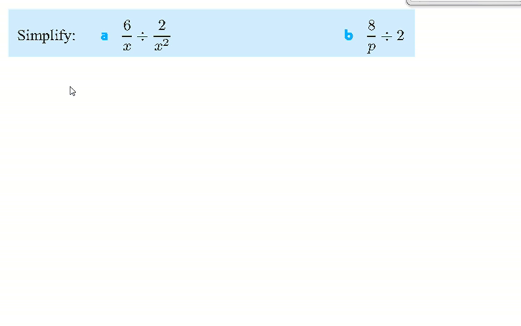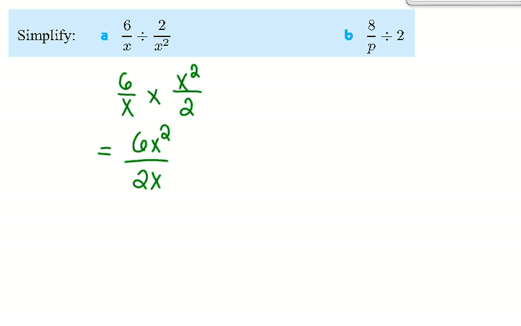Okay, last couple of examples. Here we've got division, so we can change it to multiplication by multiplying by the reciprocal of the second fraction. So we get 6x squared over 2x. And again, we want to simplify our fraction, look for anything we can cancel. From this x squared, that means x times x.